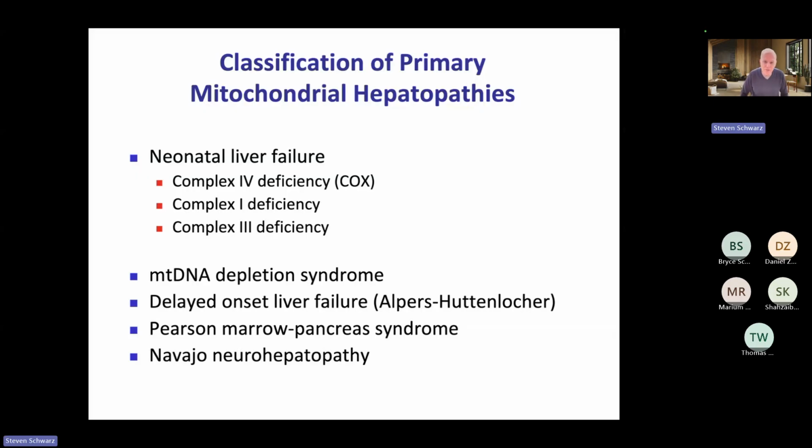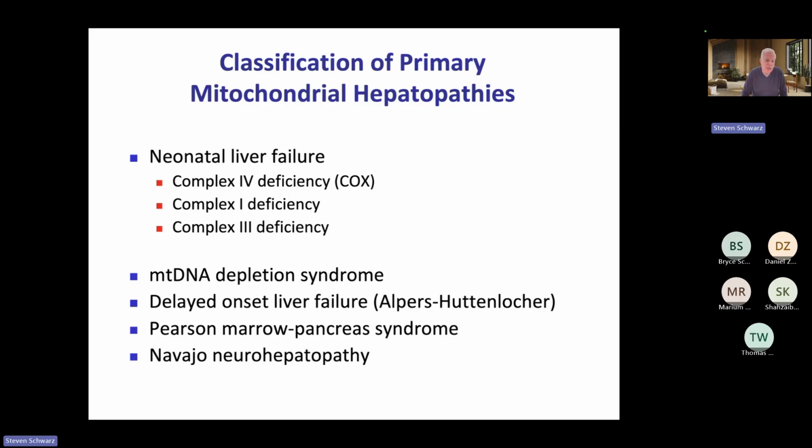So we can classify the primary mitochondrial hepatopathies in a number of ways. There's neonatal liver failure, which is generally the result of a depletion of one of the main respiratory chain complexes that I showed you earlier.